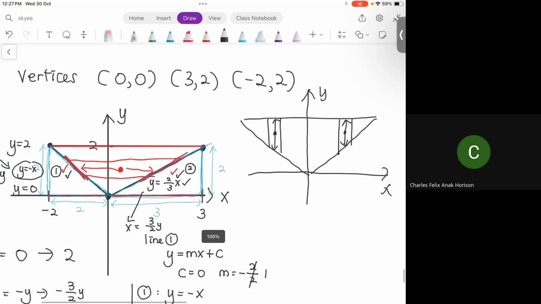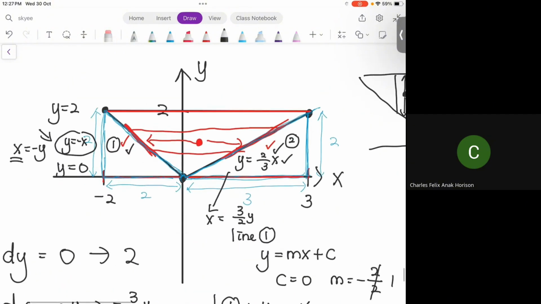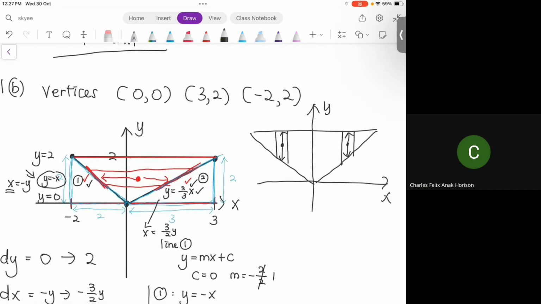But if you solve using the horizontal strip technique, you don't need to split it into two. You can just use the normal concept: look at the left, look at the right, and define the equation and the interval to solve it. So when you are looking at one region, always double check which technique will be easier for you. I'm sure everybody would like to perform integration once only, and not split it into two regions because you'd need to calculate twice.